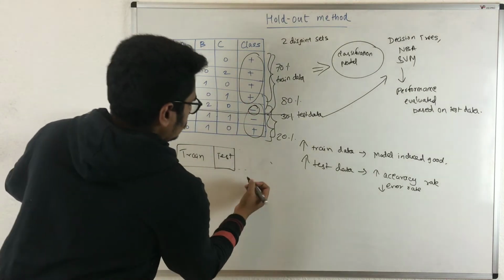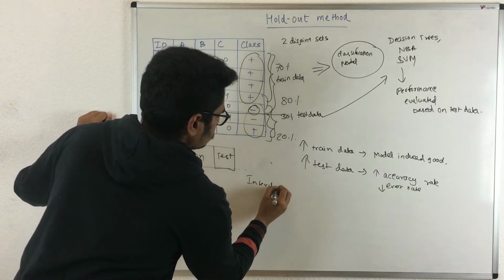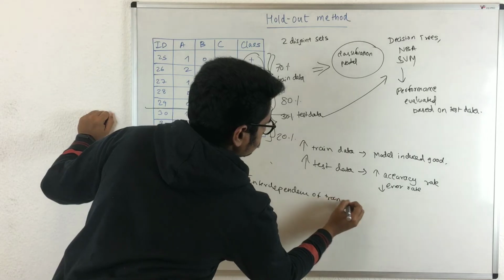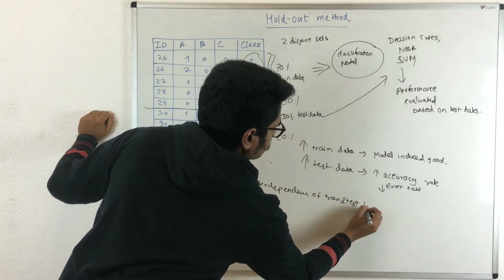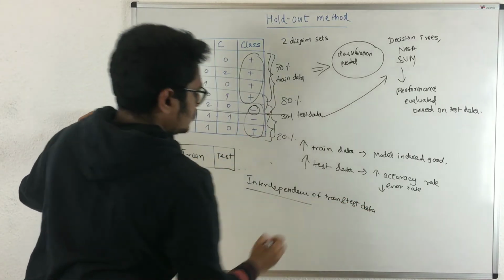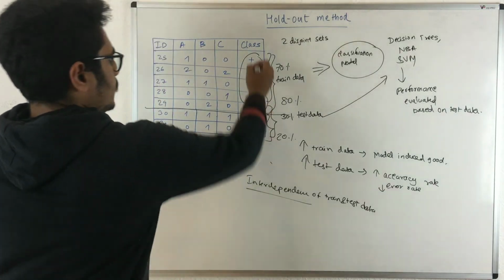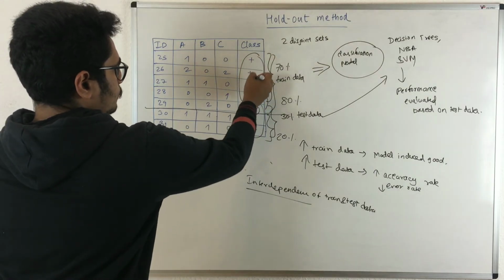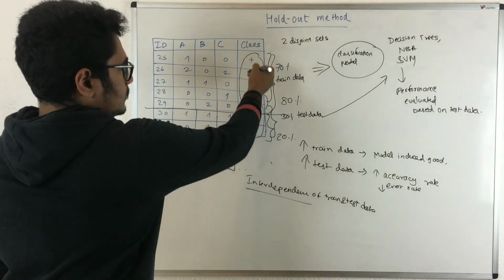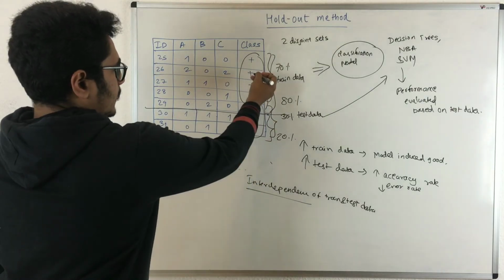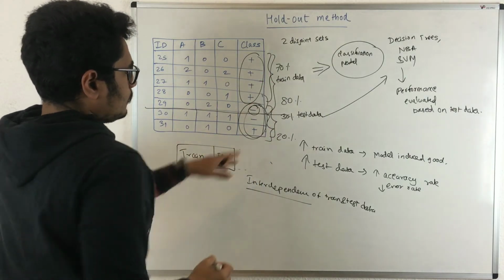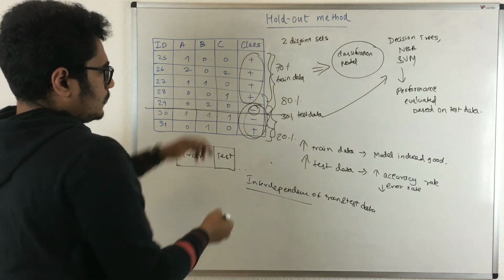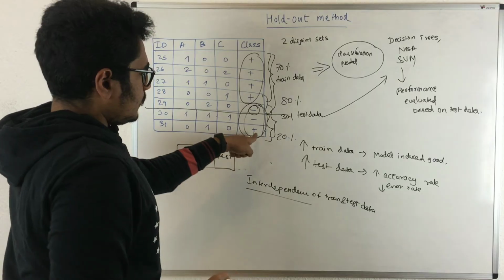Now the second is the interdependence of training and test data. What do you mean by the term interdependence? Say you can see the training data set. In this you can see the majority are positive classes. So this is overrepresented in the training data, but in the test data, you can see two of the instances are negative and one is positive.